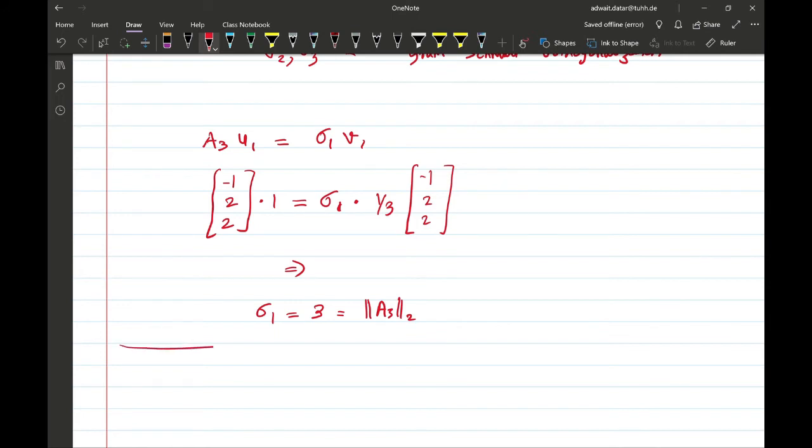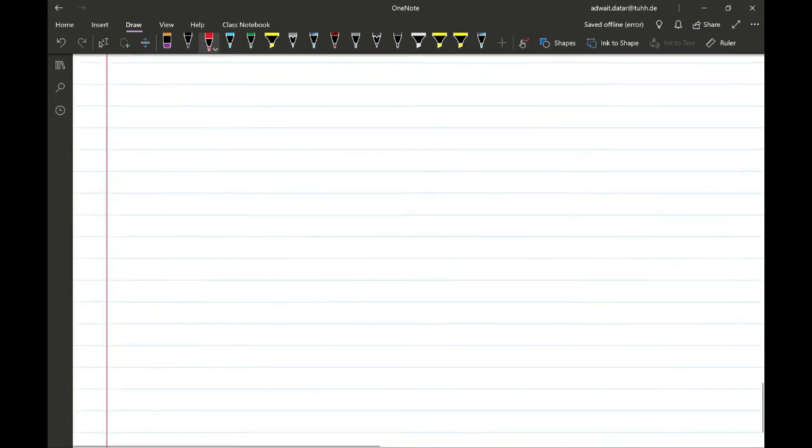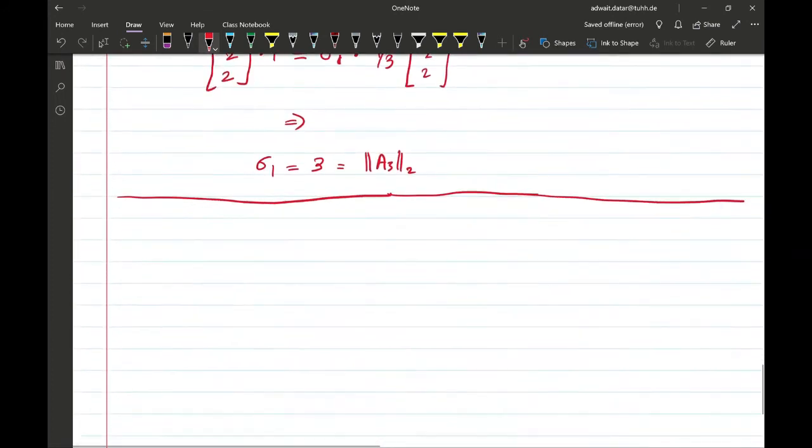So there is an alternative. We did this just to get a better understanding of the singular value decomposition. There is, however, a much quicker way that we could have used to compute the singular value for this one.